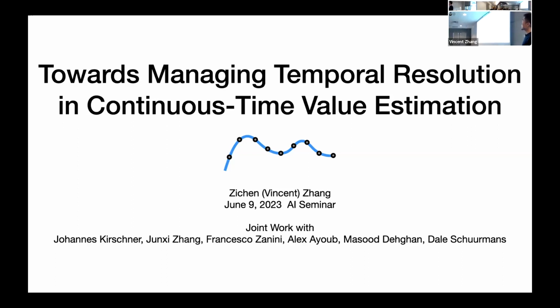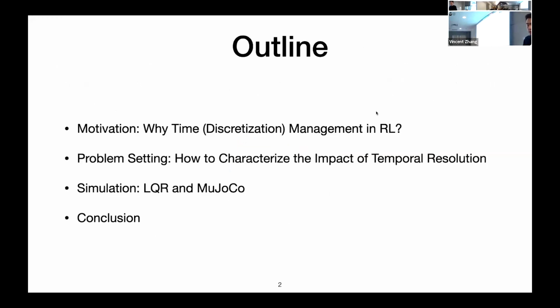So today I'm going to talk about time management in reinforcement learning. I'll try to make a case for why it's important to look at the impact of the time resolution. Okay. So here's the outline.